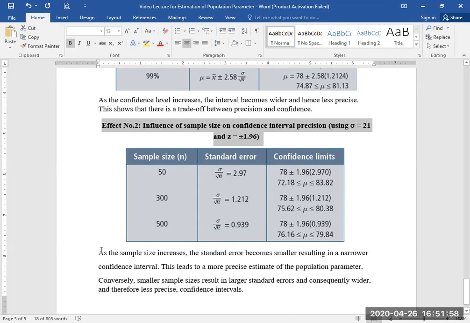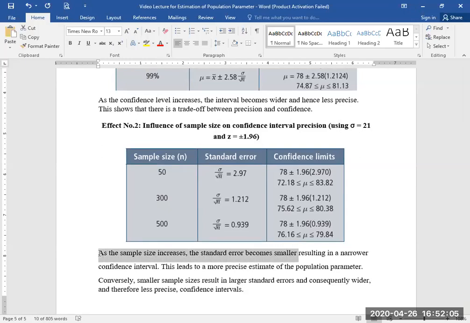Here it is written: as the sample size increases, the standard error becomes smaller, resulting in a narrower confidence interval. This leads to a more precise estimate of the population parameter. Conversely, smaller sample sizes result in larger standard errors, and consequently wider confidence intervals, which are therefore less precise.